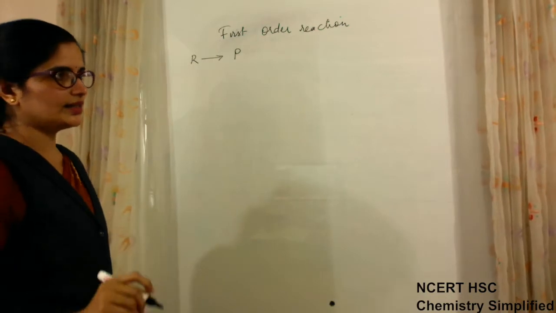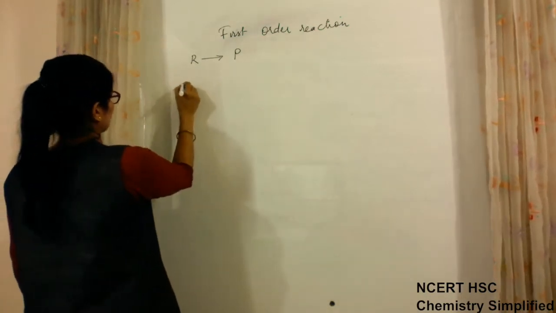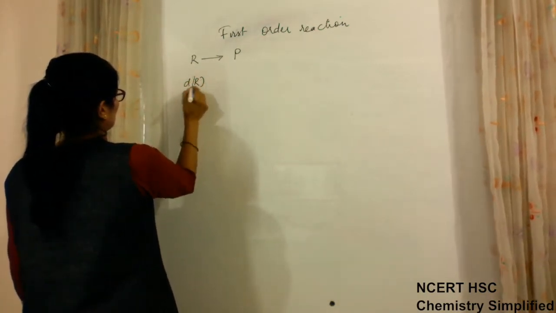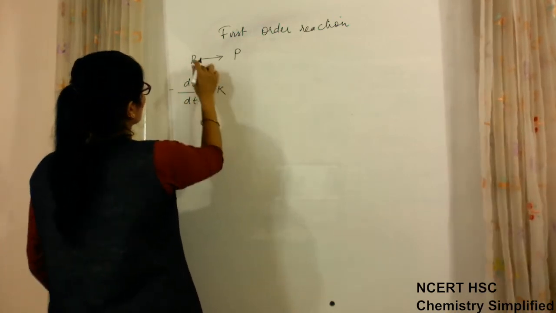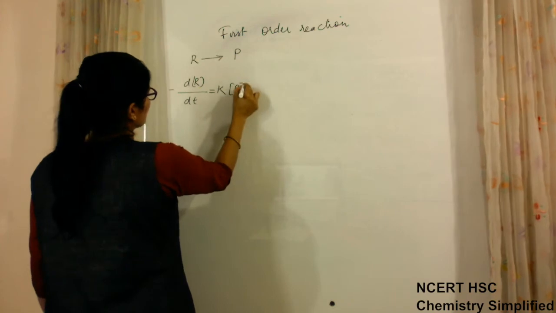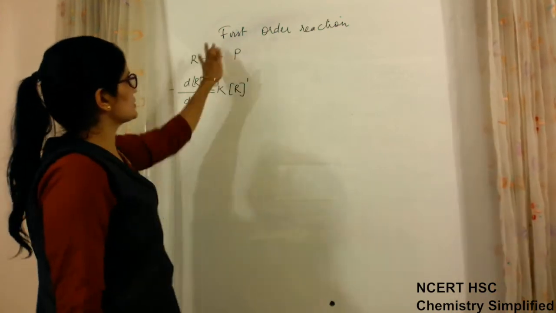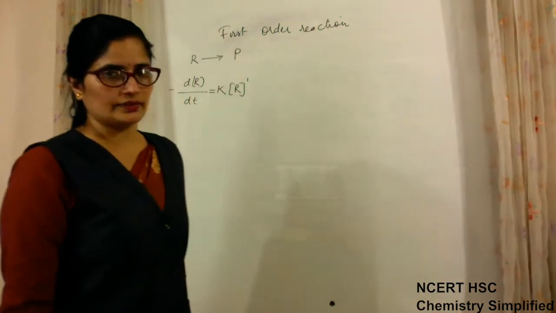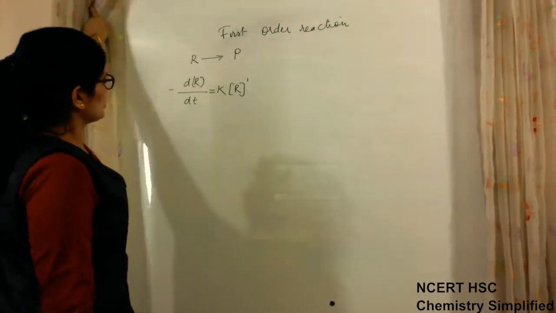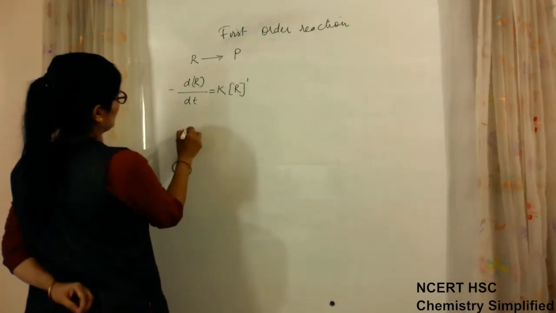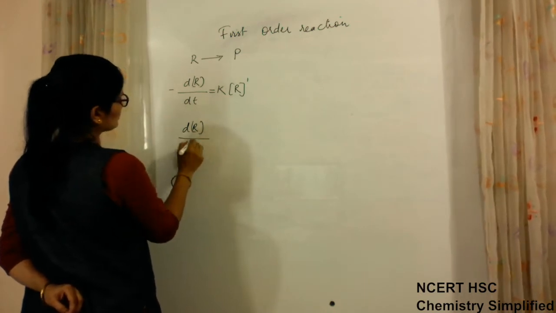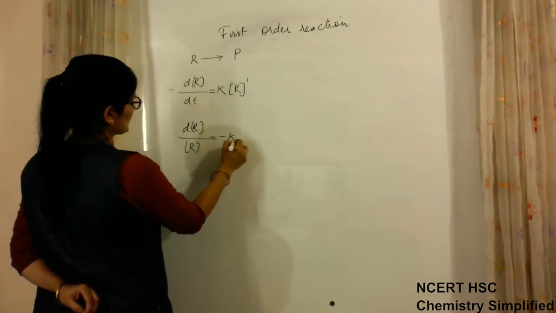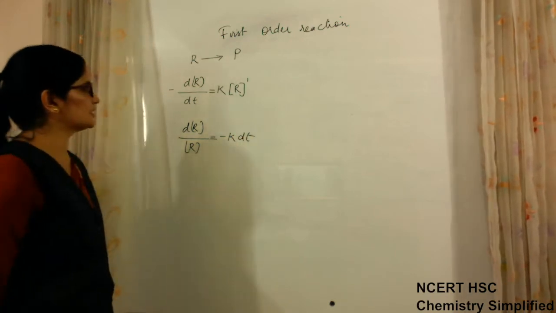So if I write the rate law of this, then I will write minus dR upon dt is equal to K concentration of reactant raised to power 1, because it is a first order reaction. Rearranging it, dR upon R is equal to minus K dt. We have just rearranged it.